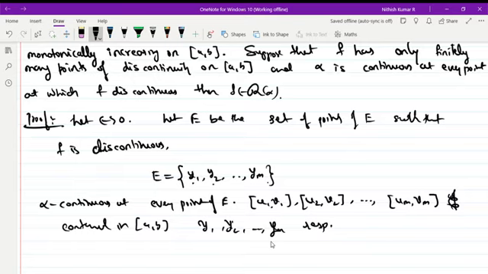That is, y1 is contained in [u1, v1], y2 is contained in [u2, v2] and so on up to ym is contained in [um, vm].